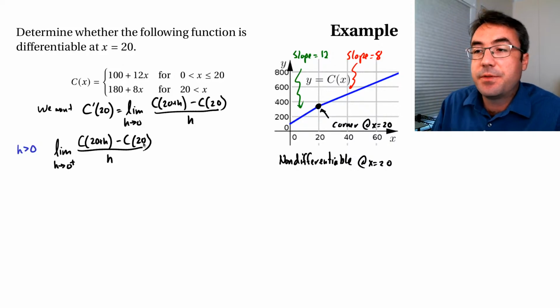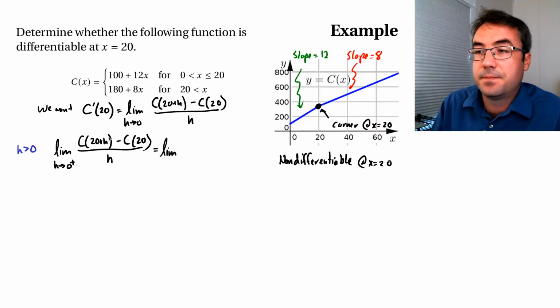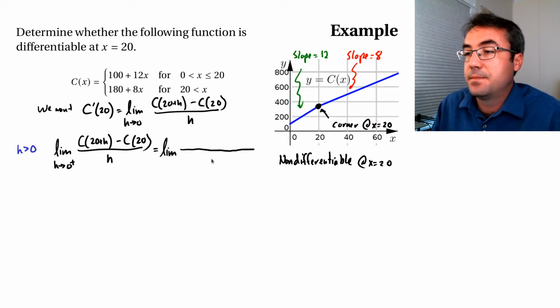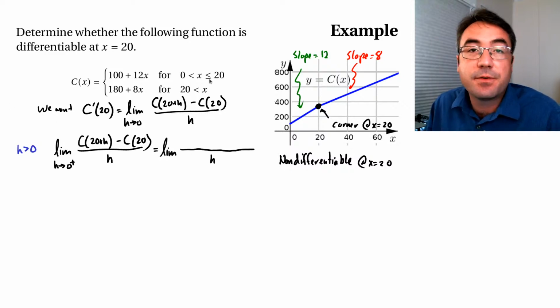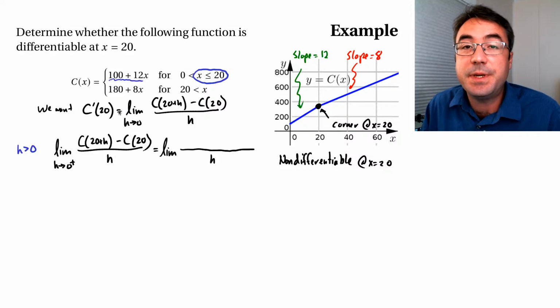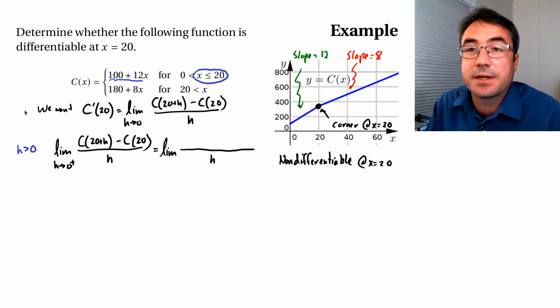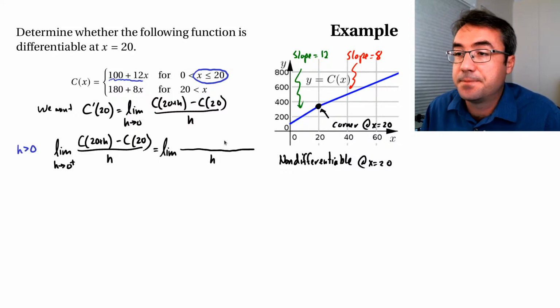Let's start with 20. When we plug in 20, we go up to the piece of our function defined at x equals 20, and we see that right here. We're using this piece, 100 plus 12x. So let's plug 20 into that.